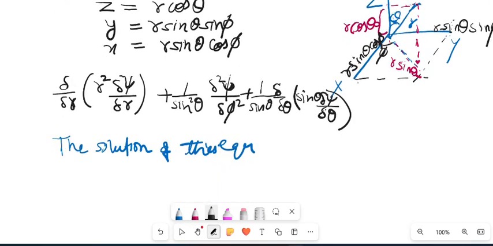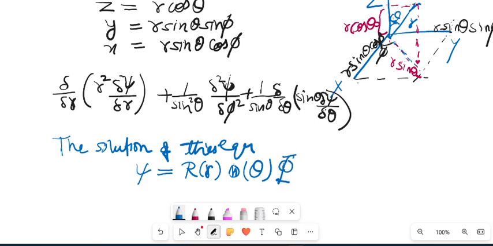So now the solution of this equation is of the form psi equals R(r) theta(theta) phi(phi).